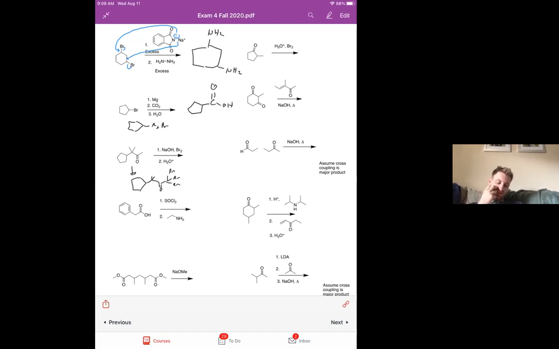And then this is a particularly good leaving group. So when we add an H3O plus, this could act like an acid chloride and give us a carboxylic acid as our main product.